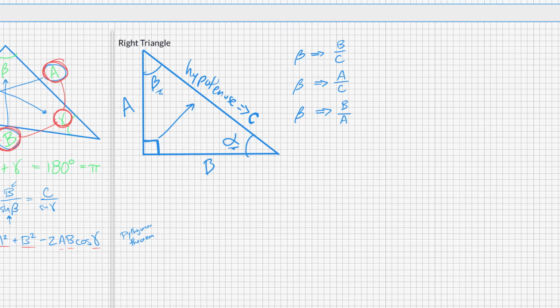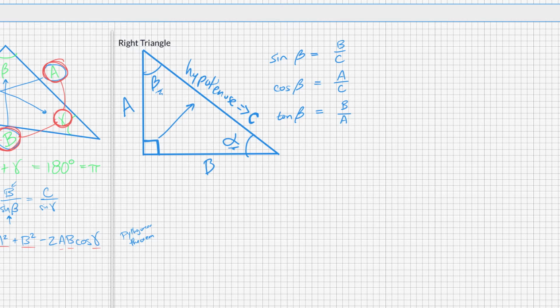They gave these things a name, because they wanted to know what that ratio is. They called this a function. The function is called a sine or a cosine or a tangent. If you know beta, the sides are all going to be in fixed ratios to each other.